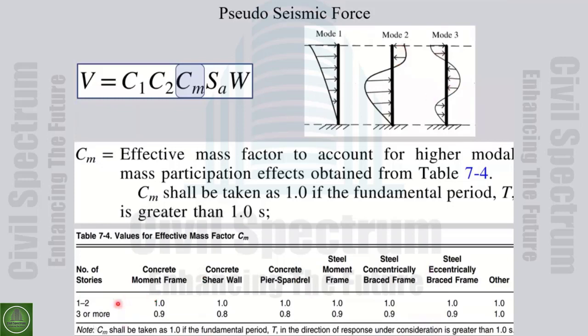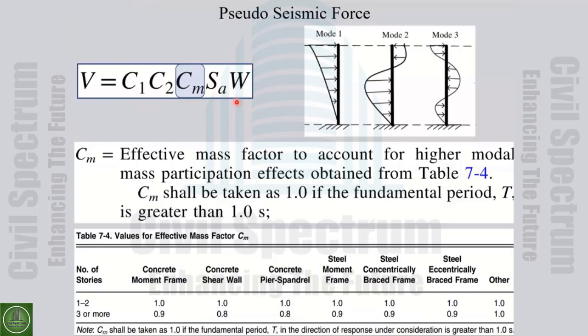Usually they provide tables for different systems, and based on the number of stories of those buildings, they give some recommendation for the value of Cm. Therefore, all these coefficients are used to modify the elastic base shear so that we get a better estimation of displacement.